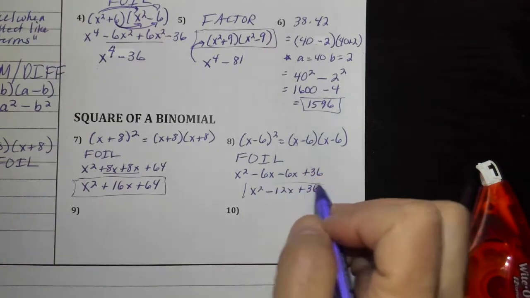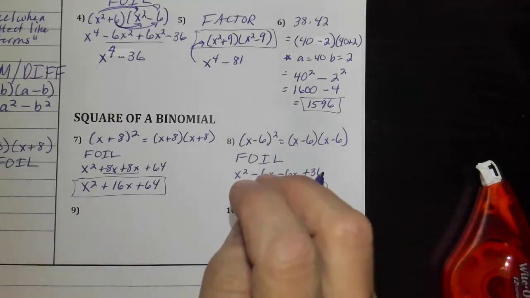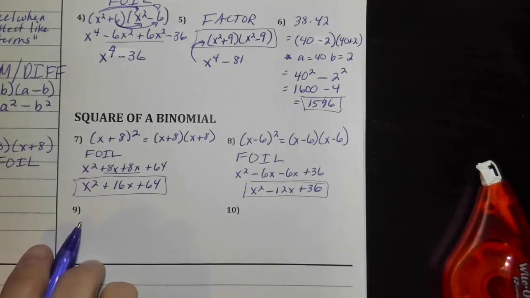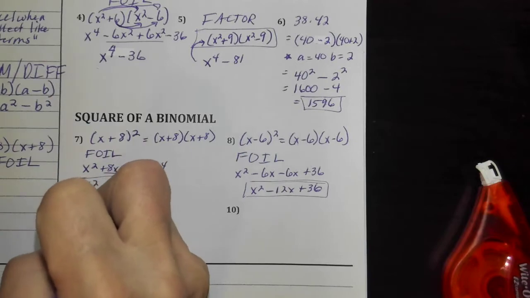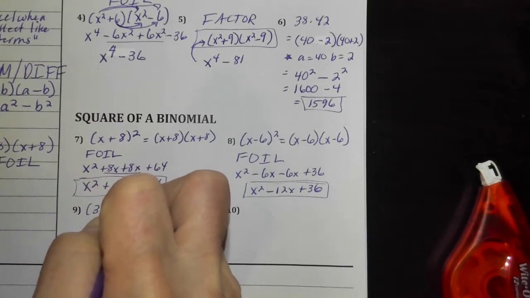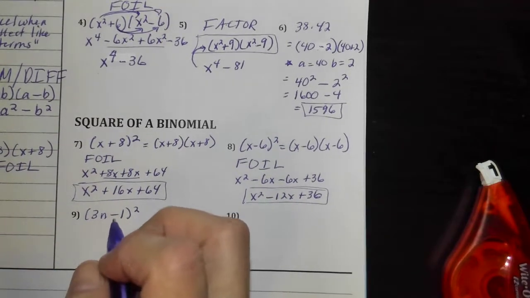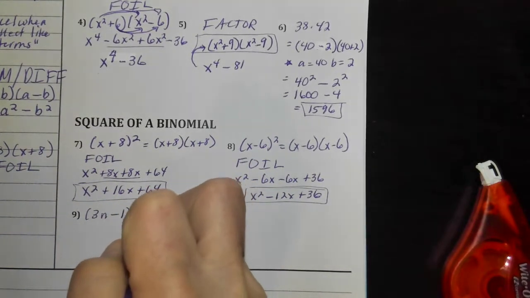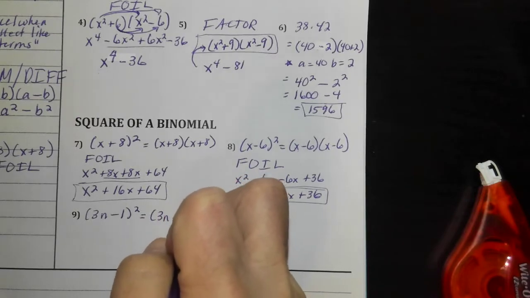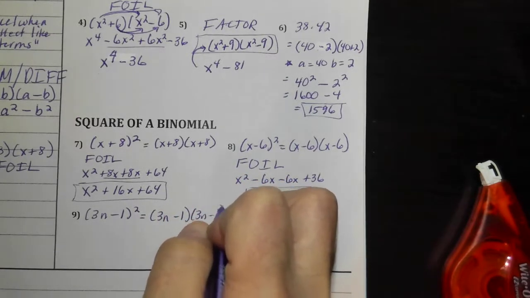So let's look at our next item. Number 9. We are going to do 3n minus 1 squared. Now, we'll keep going with this. What does that mean? That means take this binomial and multiply it by itself.